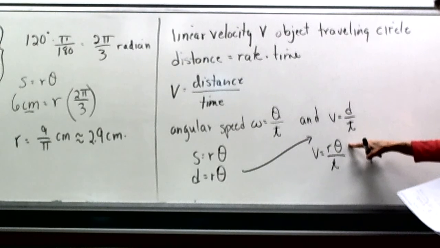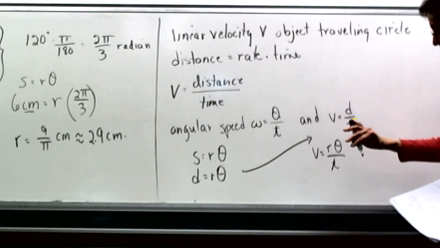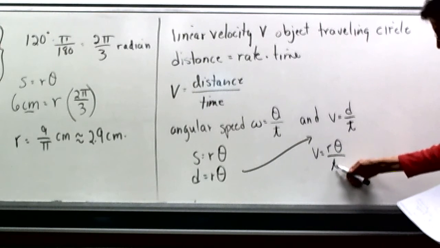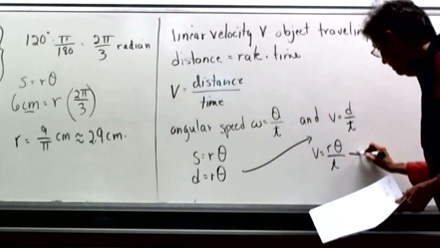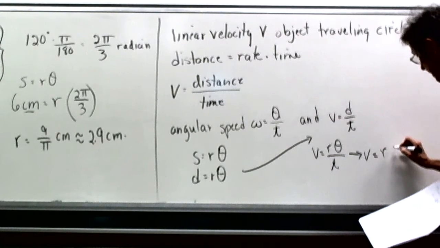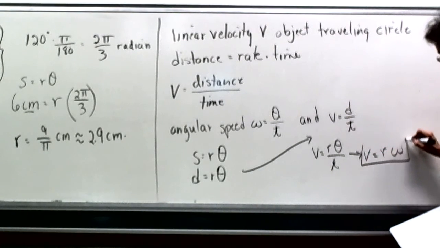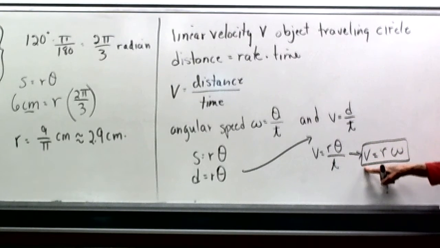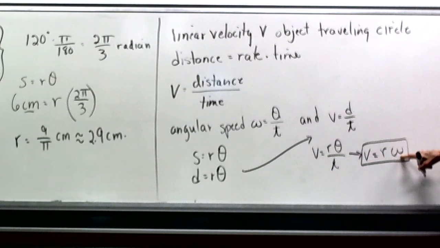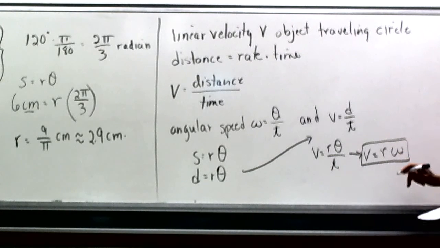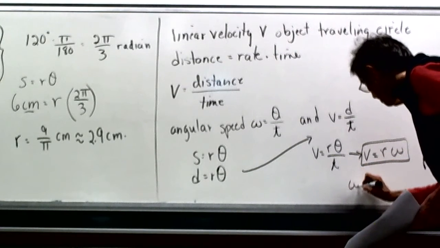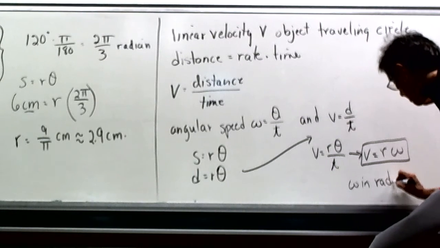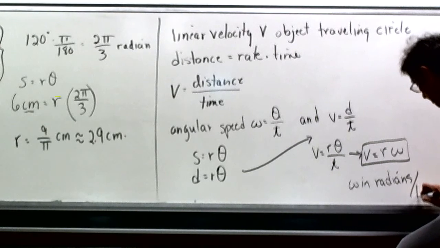But we know that the angular speed, that the angle is changing in the center of the circle, is theta over t. So that gives us the formula then, v equal to r times omega. I'll put that in a box. This is linear velocity of the object on the circumference of the circle equals the radius of the circle times the rate that the central angle is changing, which we call the angular velocity. Now this angular velocity has to be in radians per some time unit.